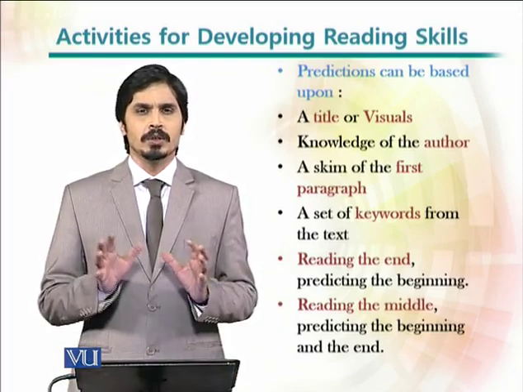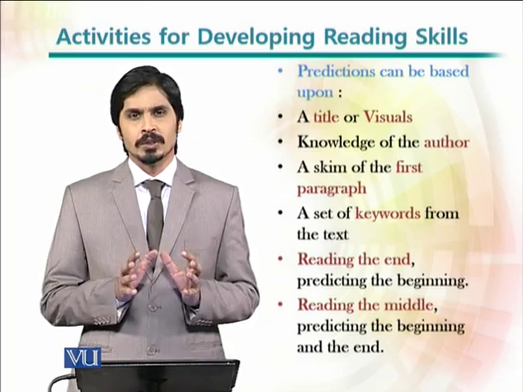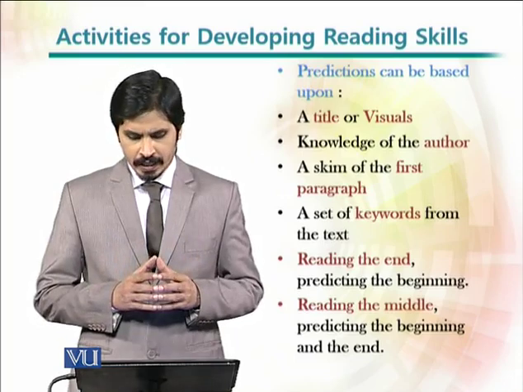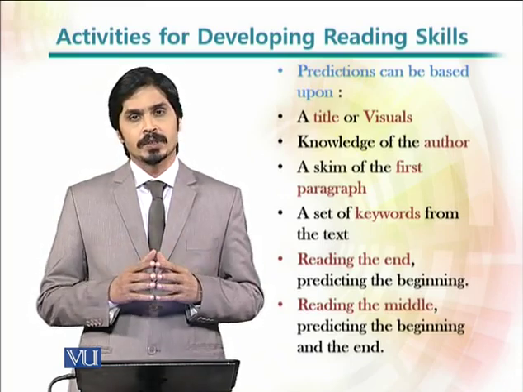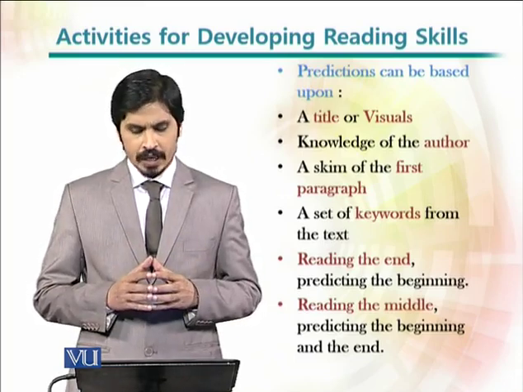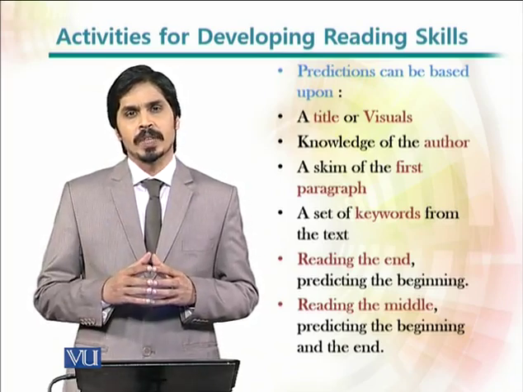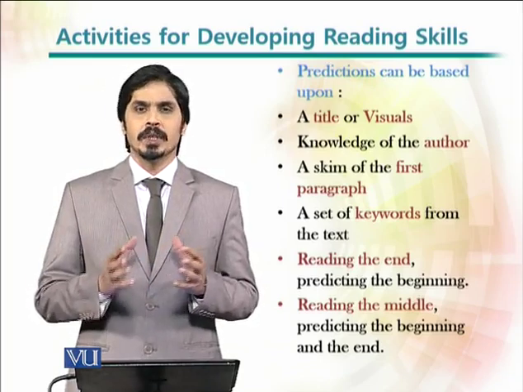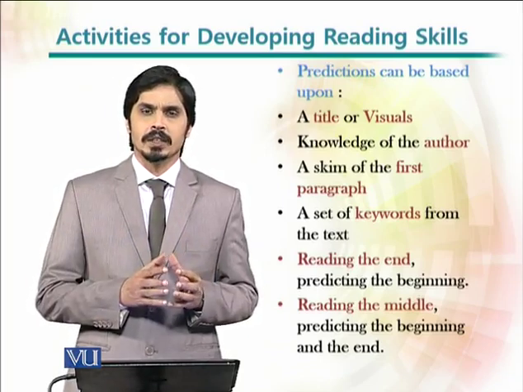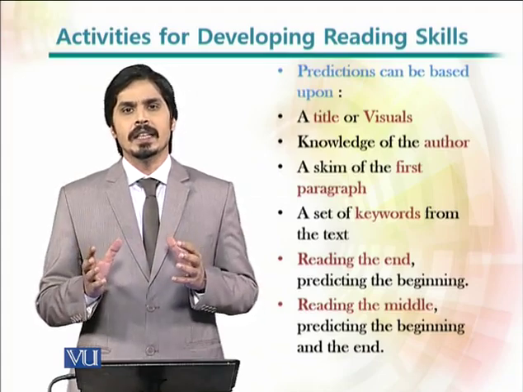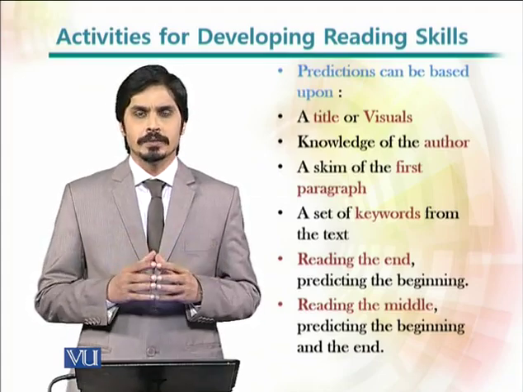This could give you a clue about what type of text you might find in your reading. Then you could skim the first paragraph to make a prediction about the text. Then you could read from the end of the text and predict the beginning, or you could read from the middle and predict the ending and the opening as well.